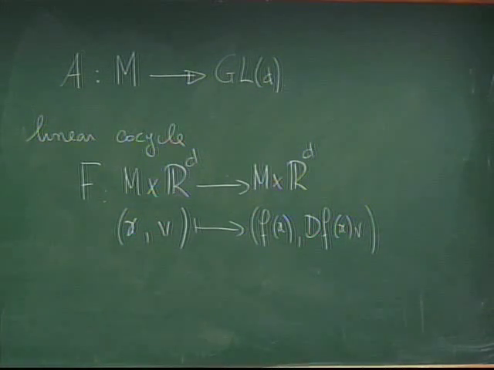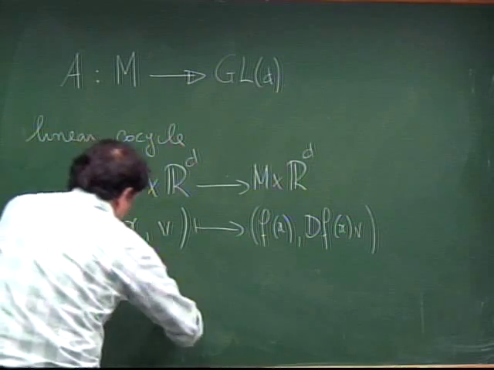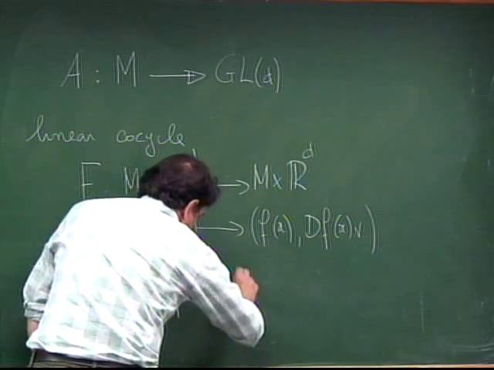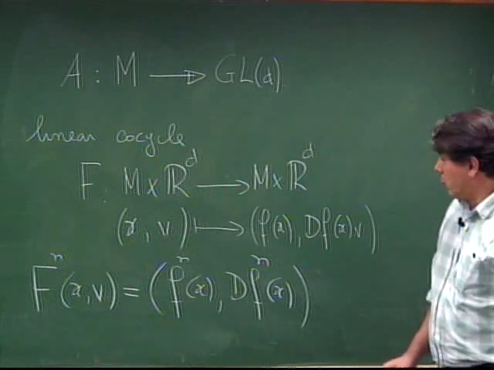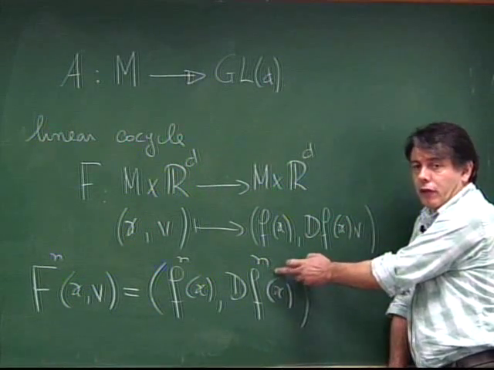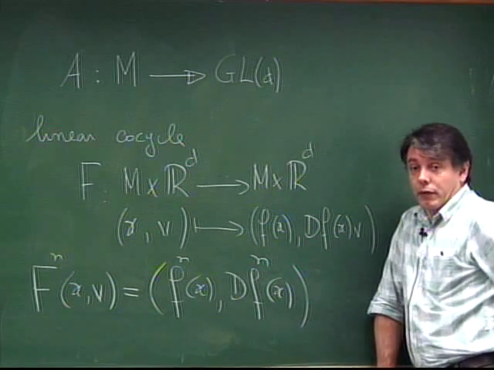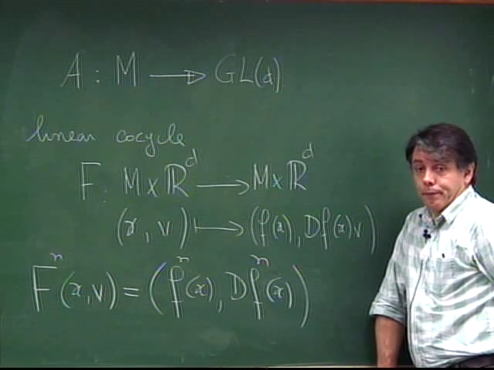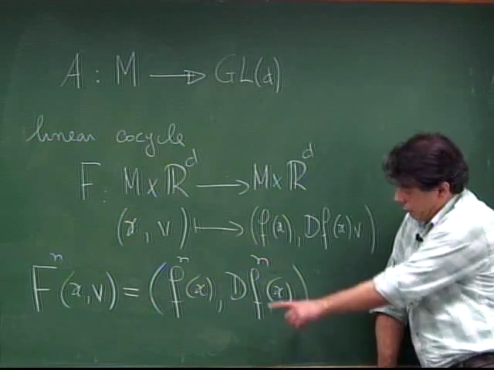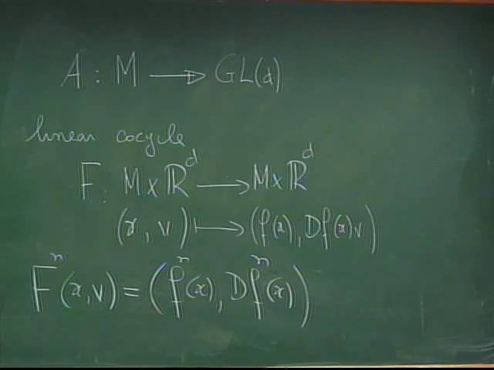And if you iterate n times, you get this map here. You just have to look at the formula that I gave you for Fn, and you will see that it was designed in such a way that when you iterate n times, you are actually getting the derivative. I copied the chain rule, and so it fits precisely with this. By the way, that's the reason why I told you last time that we multiply by starting with B1 on the right and we go to the left.